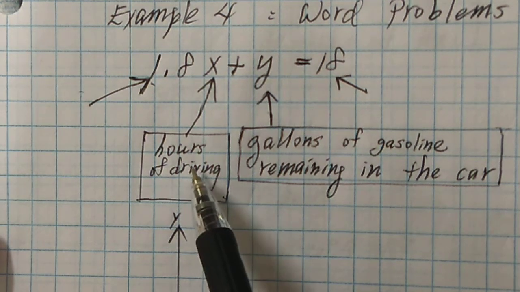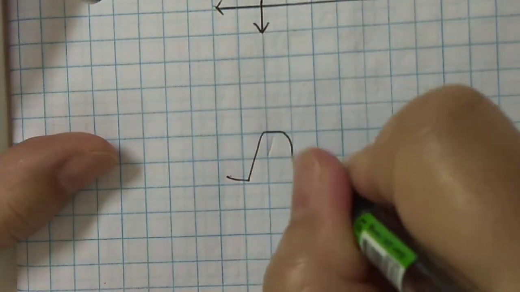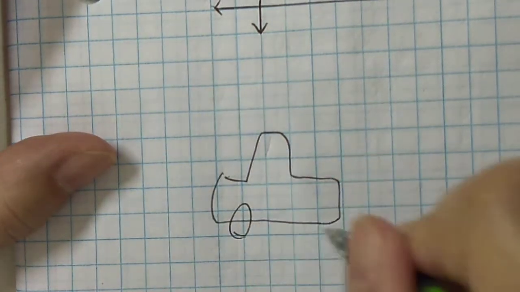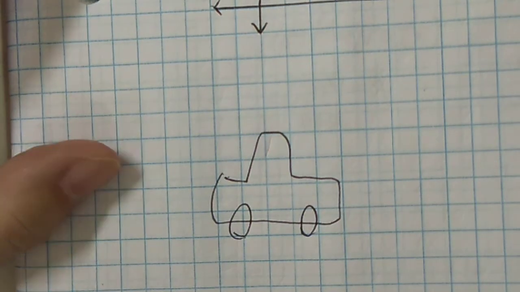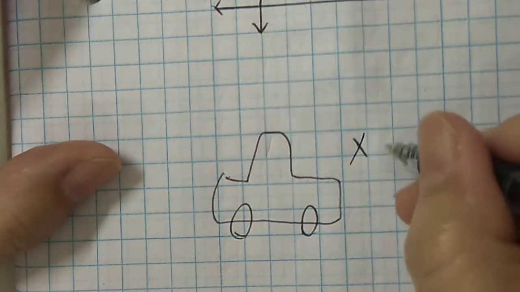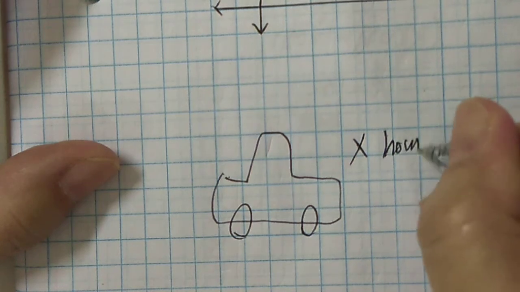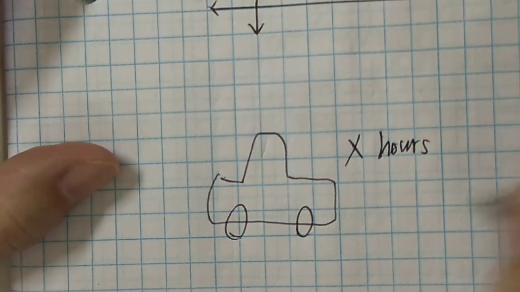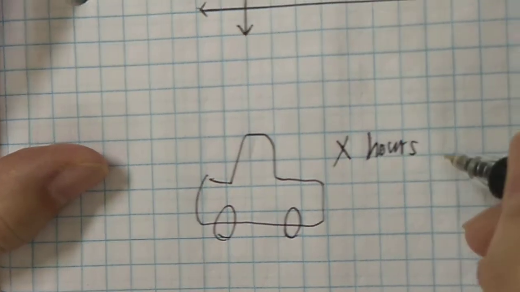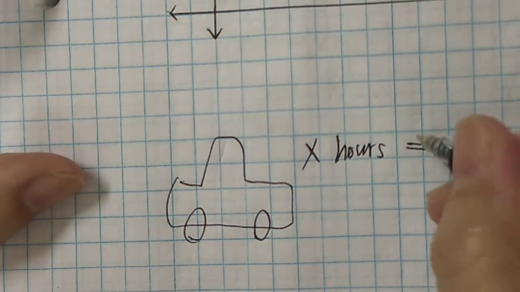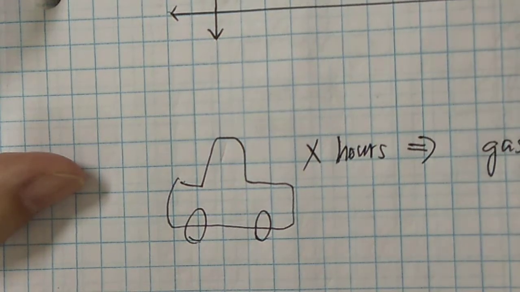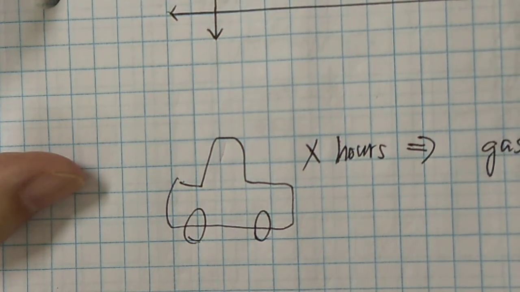So what they're really saying is, imagine this car. It's been driving for some time, x number of hours, and it uses up some gas, measured in gallons.